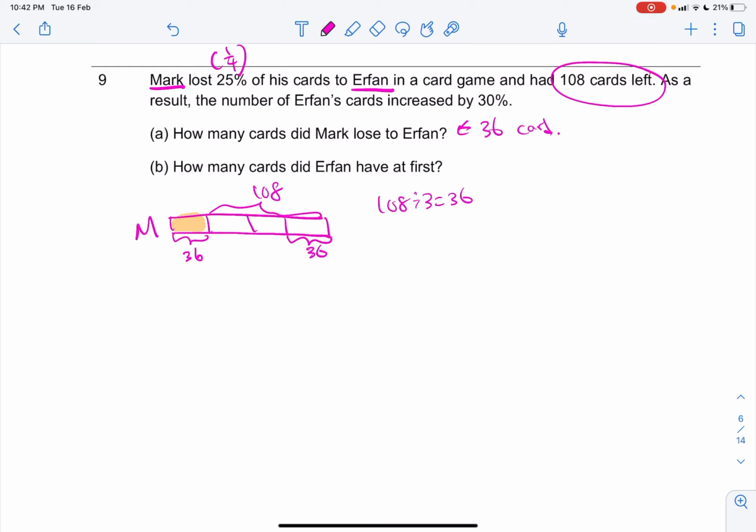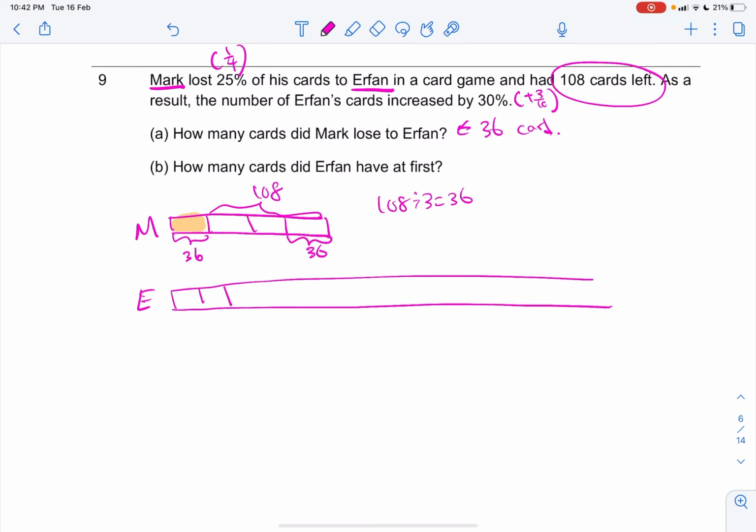That means Irfan got 36 cards. And after getting 36 cards, his number of cards increased by 30%. We can also think of 30% as 3 out of 10. So to think about it, we can think of Irfan originally having 10 units: 1, 2, 3, 4, 5, 6, 7, 8, 9, 10.